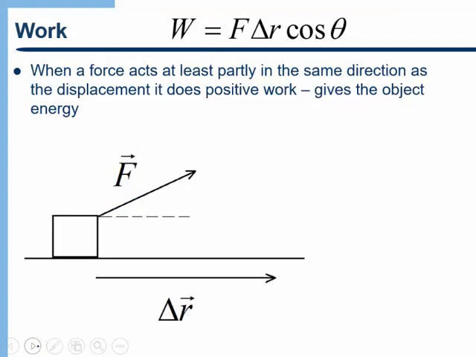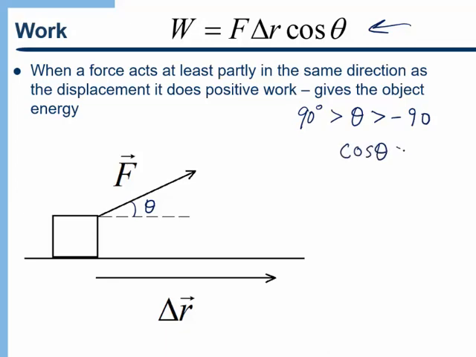Now, conceptually, thinking about when we do work on an object. I've mentioned before that when we do work on an object, we can either be giving the object energy or taking it away. Well, if we look at our formula, we can see what range of angles is responsible for giving the object energy or taking it away. If theta is greater than negative 90 or less than 90 degrees, then we know that the cosine of theta is going to be greater than 0 and less than or equal to 1.